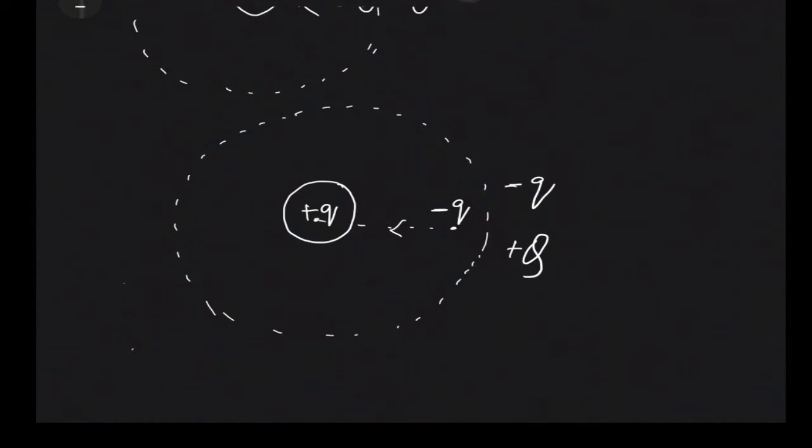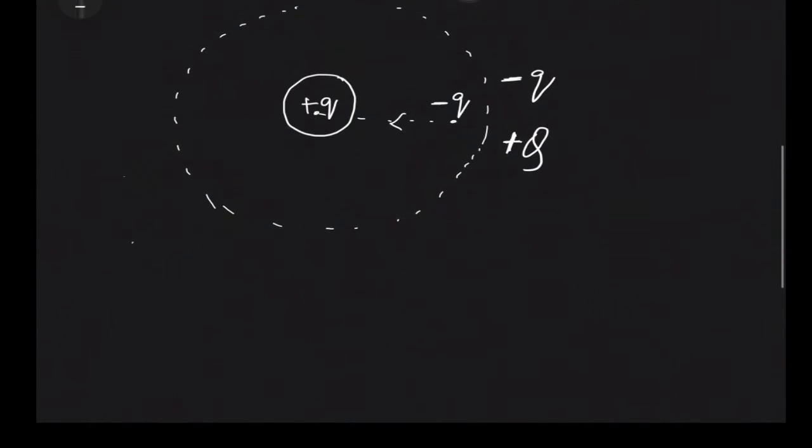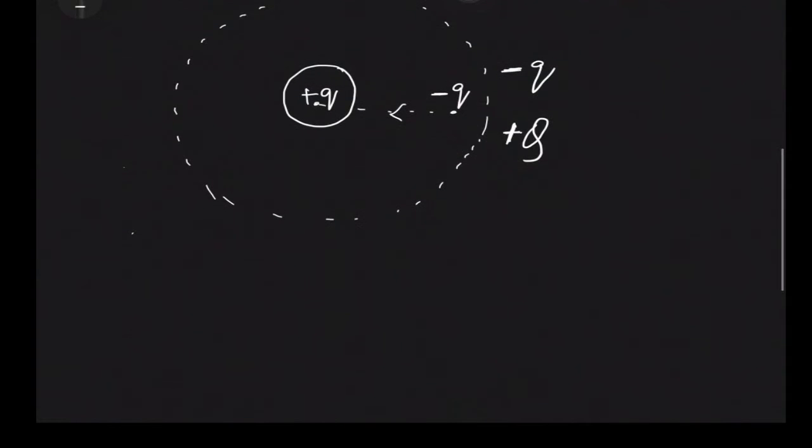So the criterion is that in order for a force to be exerted, your charge minus q or plus q should be within the electric field. Now how do we calculate this electric field?